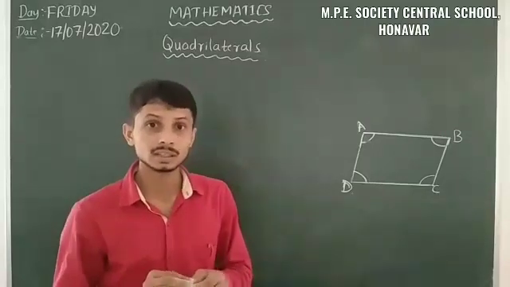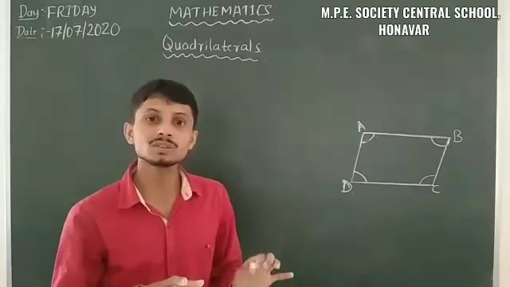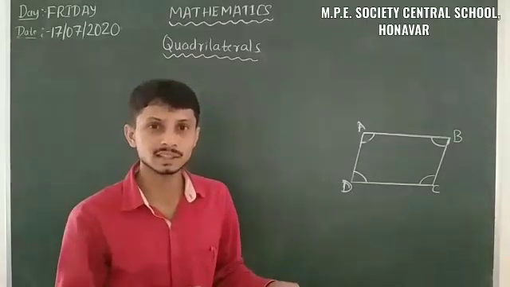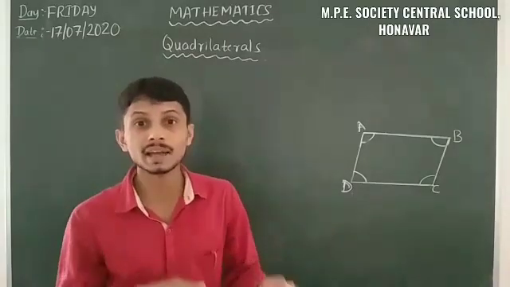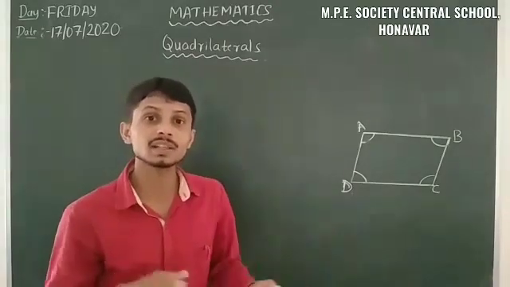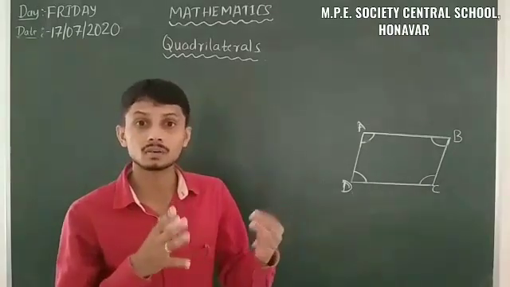Because in this whole chapter we keep on using sides. How many sides are there? How many angles are there? What is the relation between angles? What is the relation between sides? How are the sides in the quadrilateral?